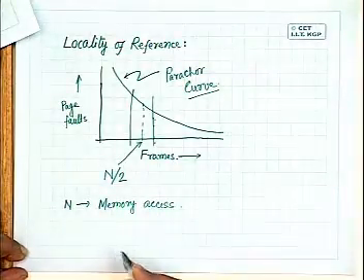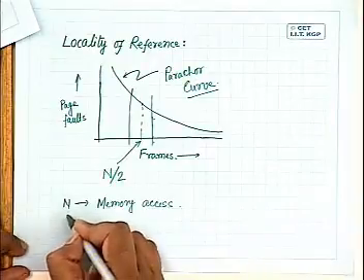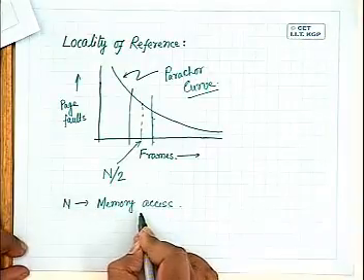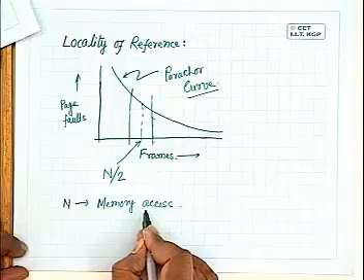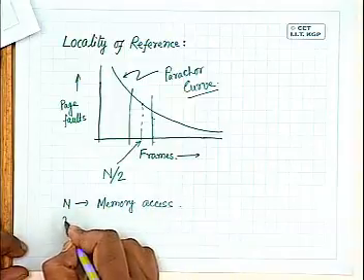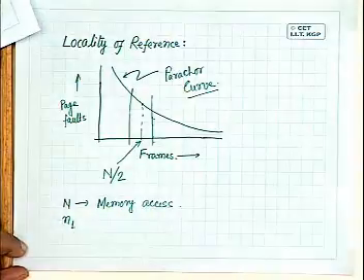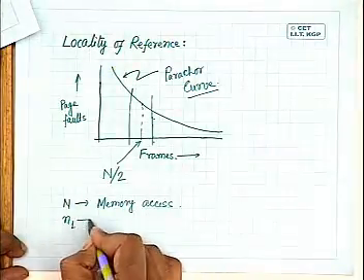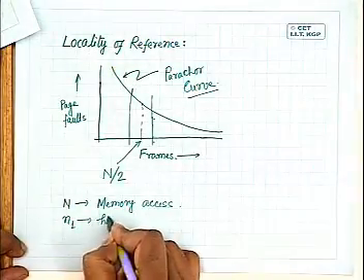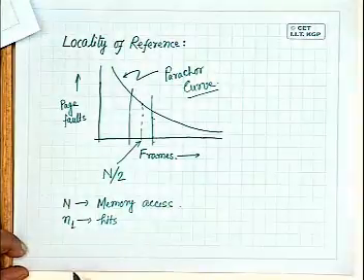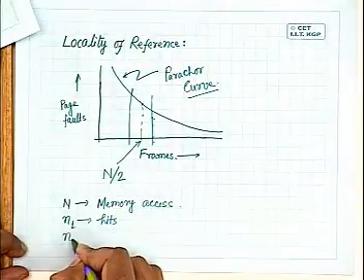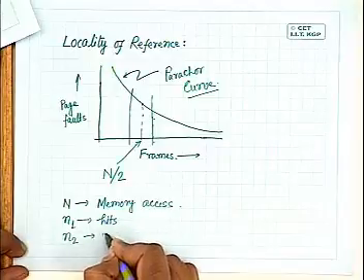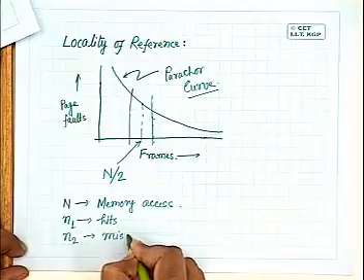and out of this, if I find that the page which has been referred is available in the main memory some number of times, that is a hit. So, I have n1 number of hits and n2 number of misses.